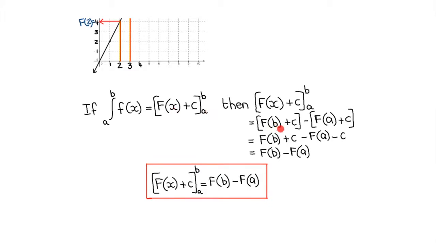But if I remove the brackets by multiplying this negative in, then I will have a plus c minus c, which is nothing. So do you see the c values actually disappear?